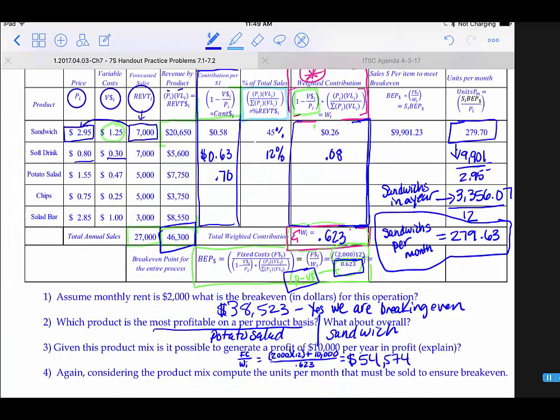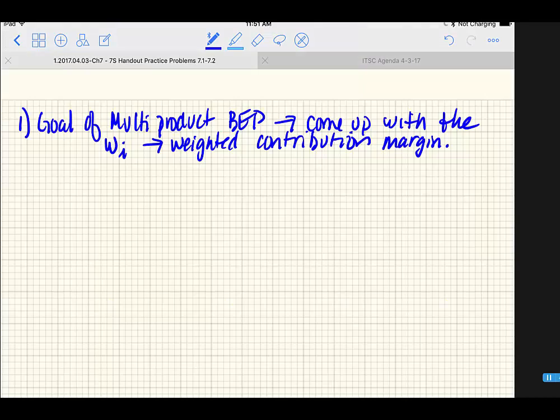So when we do a multi-product break-even analysis, our goal is to come up with the weighted contribution margin. So I inserted a page here and just wrote it out because I didn't have enough room on the other page. So the goal of this multi-product break-even is to come up with this weighted contribution margin.